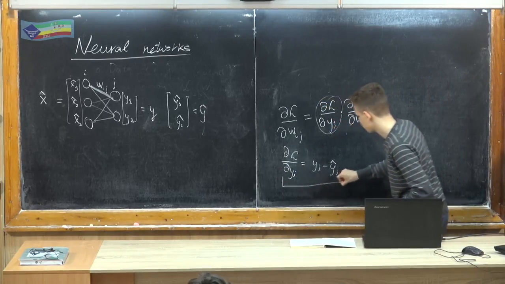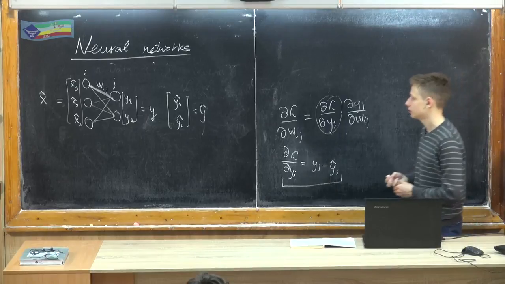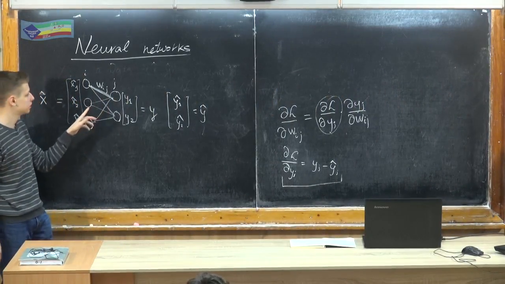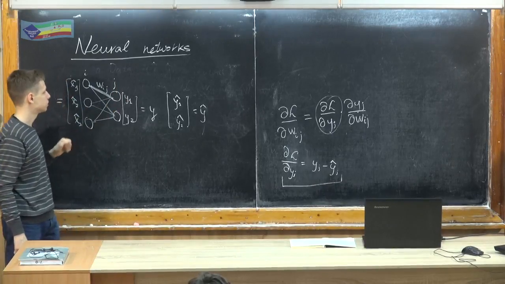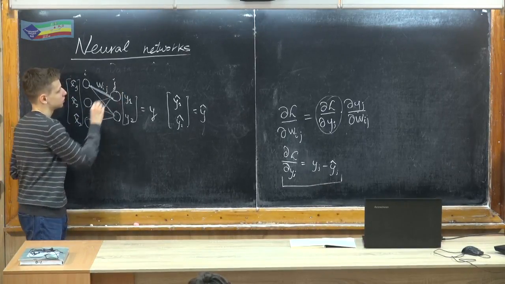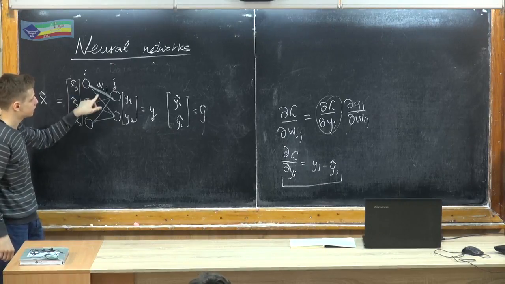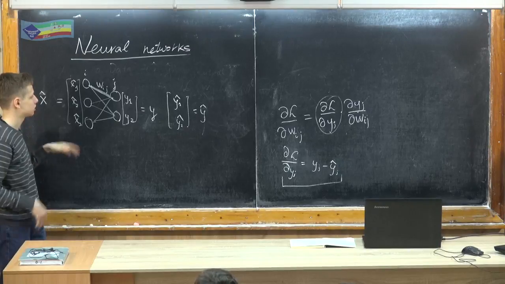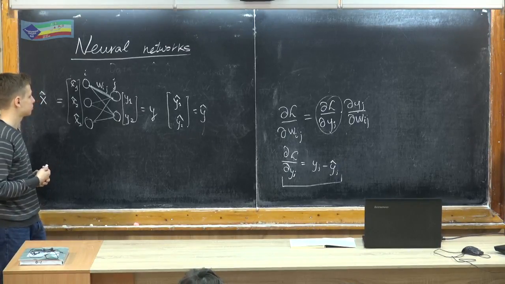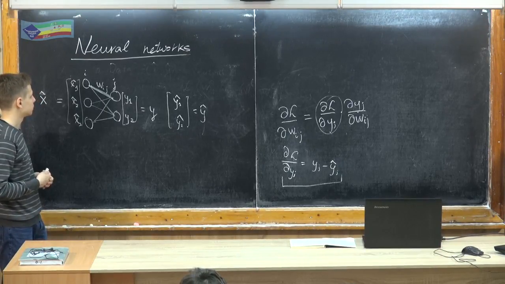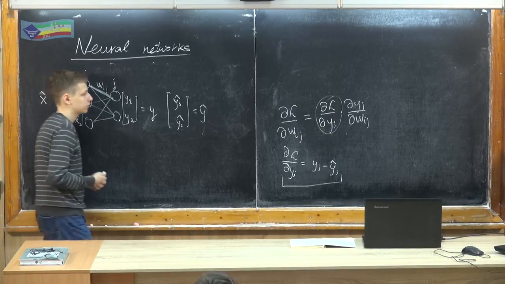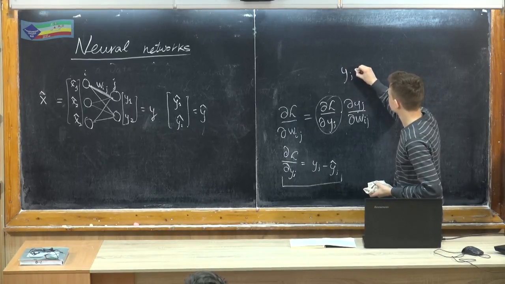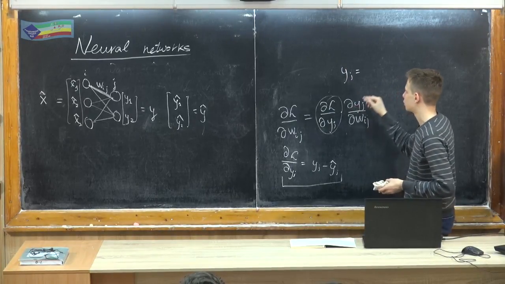We found this. Now we need to find how the input of neuron j is affected by this particular weight. To be honest, this neuron is affected not only by that value, but also by that. That can be a bit complicated, but we can still figure it out by understanding how we calculate this yj.